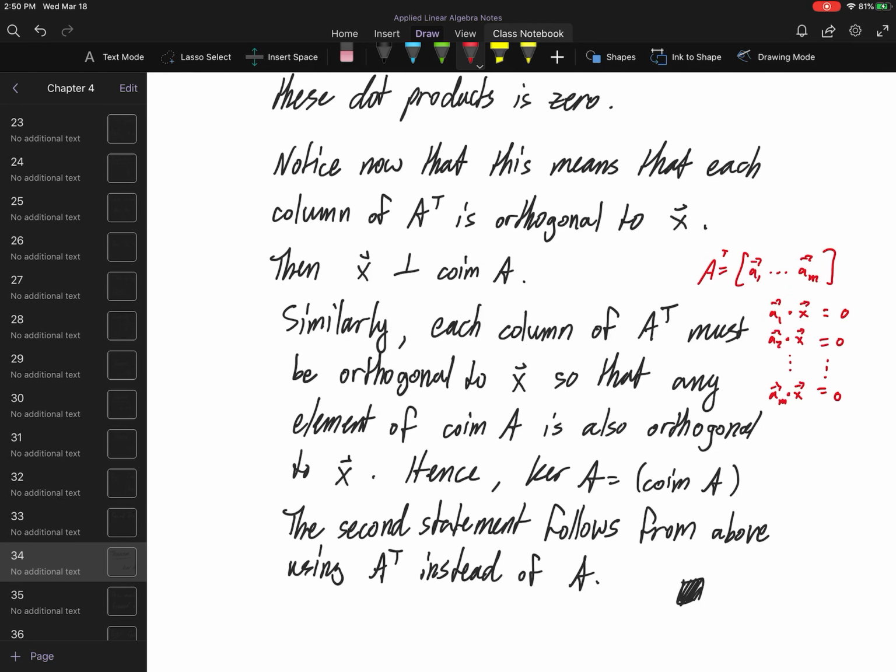This is exactly the computation that we did upstairs, but now we think of it in terms of A rather than A transpose. So instead of the columns of A transpose, we're looking at the rows of A. And this gives us the equality that we need, that this collection of dot products must be 0.